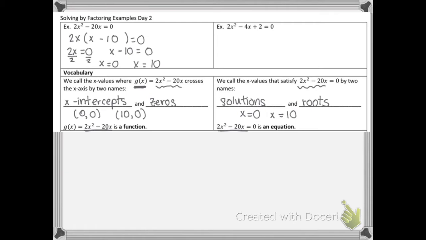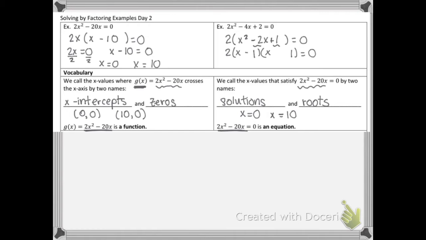Now the key thing to keep in mind is we want to factor out a common factor first, and we're left with x squared minus 2x plus 1. And then doing the product-sum method, we need two numbers that multiply to 1 and add to negative 2. Well, the only integer factors that 1 has are 1 times 1 or negative 1 times negative 1.